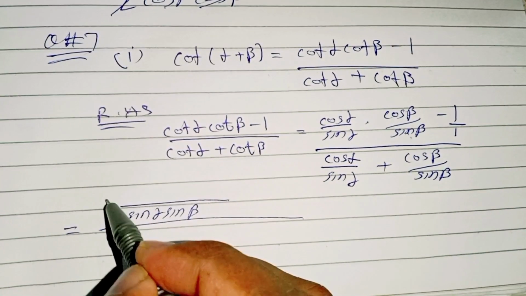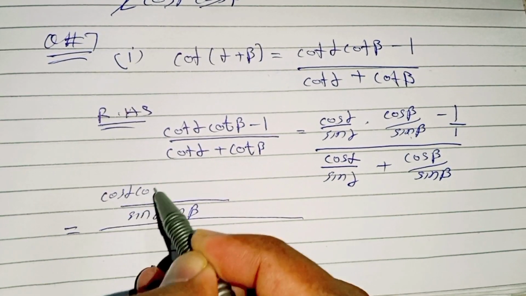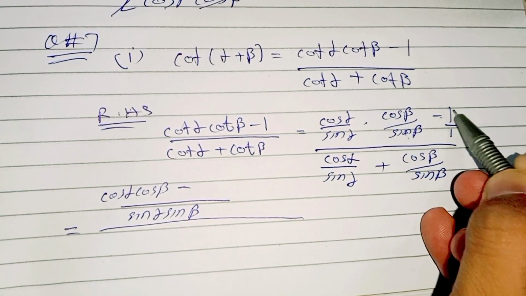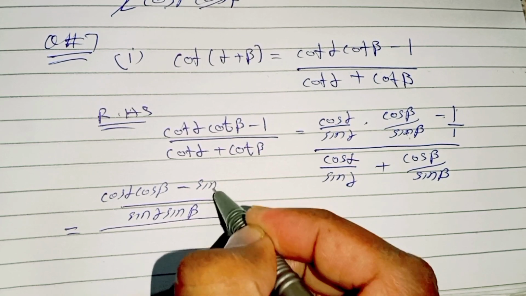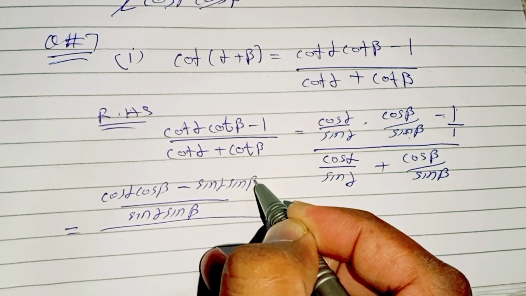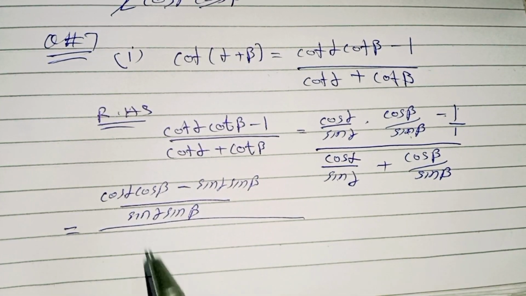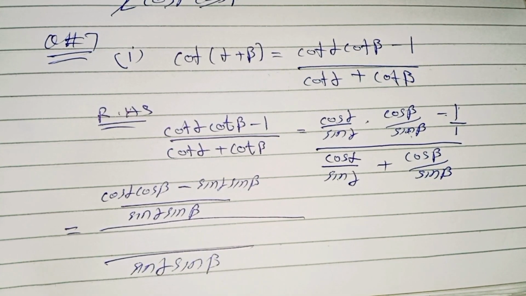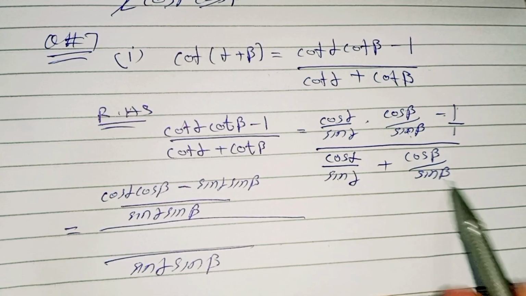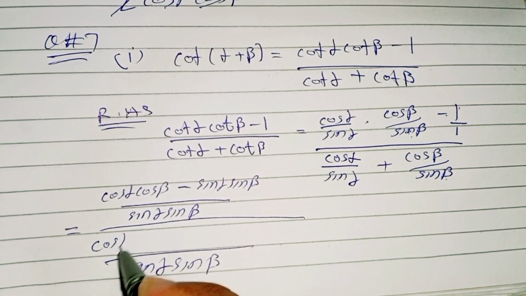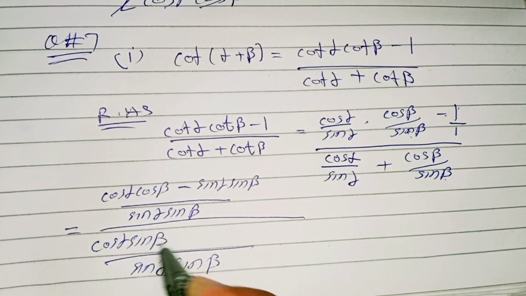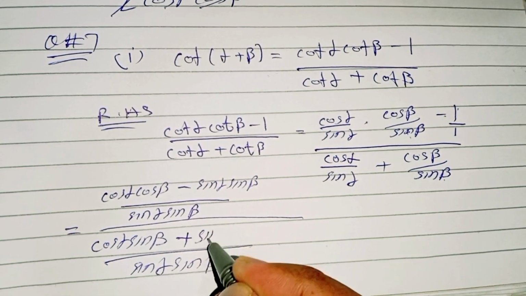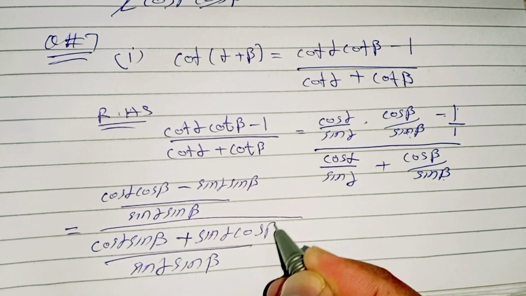Here we have cos alpha multiplied by cos beta, cos alpha cos beta, minus sin alpha sin beta multiplied by 1, we have sin alpha sin beta. Similarly, in the denominator the LCM is also sin alpha sin beta. Cos alpha multiplied by sin beta, we have cos alpha sin beta, plus sin alpha multiplied by cos beta, we have sin alpha cos beta.